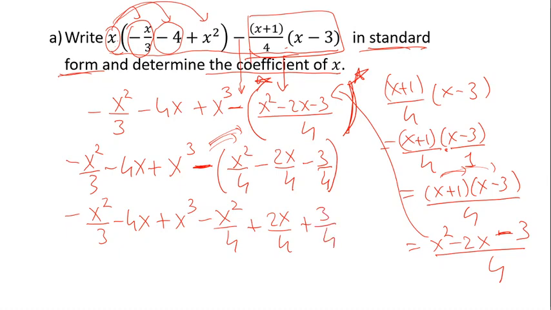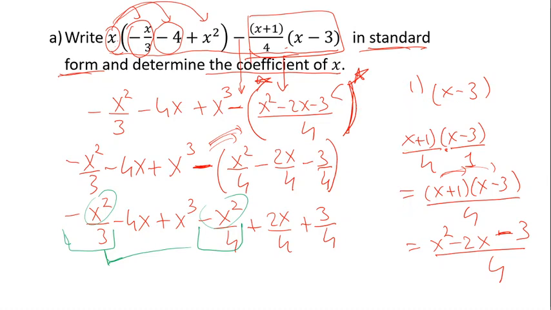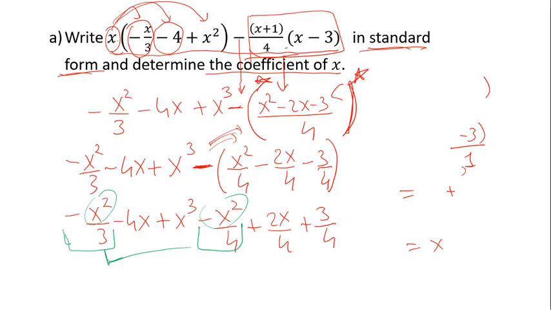Now I will try to combine the similar terms here. We have an x squared and we have another x squared here. So how will I combine them? Negative x squared over 3 with x squared over 4.